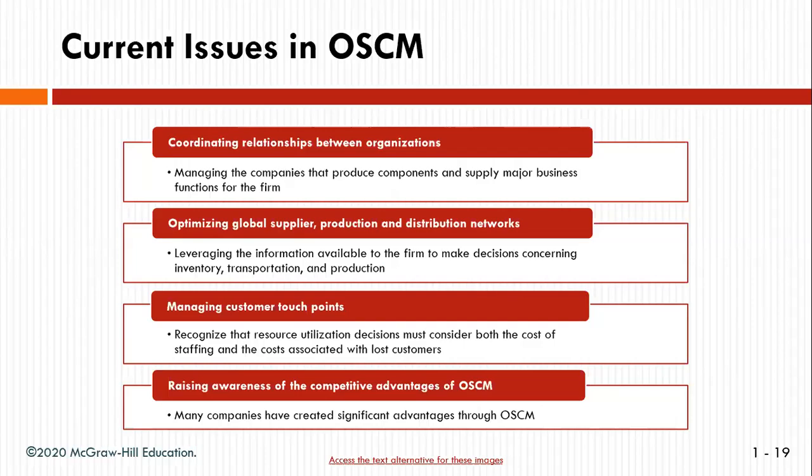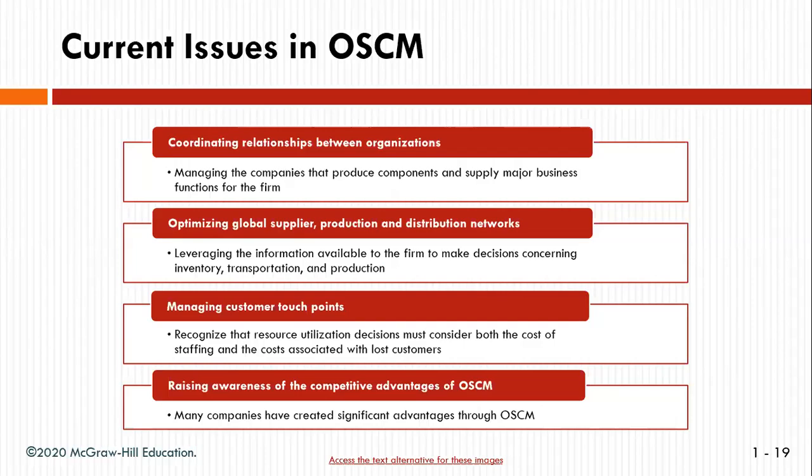You lower the number of tellers, but once people see a big lineup, you might lose some customers. And the raising of awareness of the competitive advantage of operations and supply chain management.